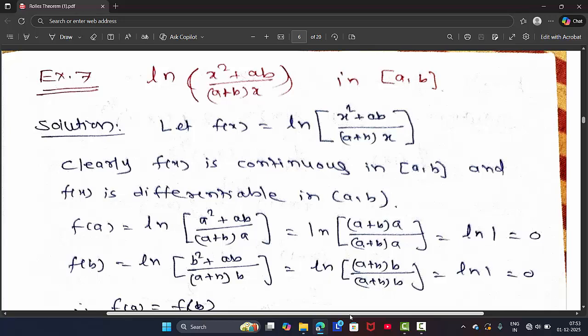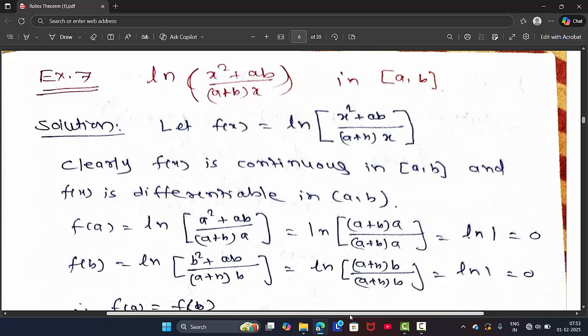Example 7. Log of (x square plus ab) divided by (a plus b) into x, in interval a, b. Here f of x is given as ln, that is log of (x square plus ab) divided by (a plus b) into x.